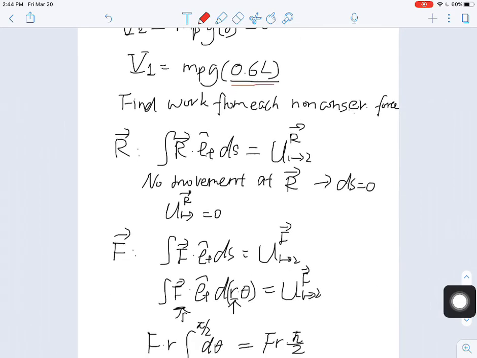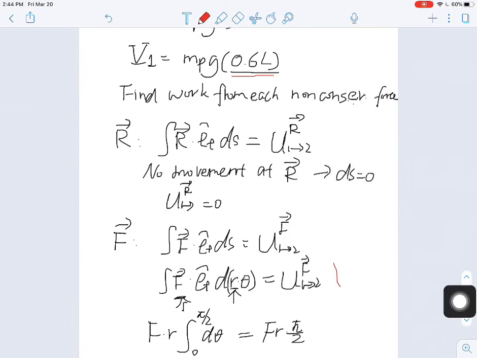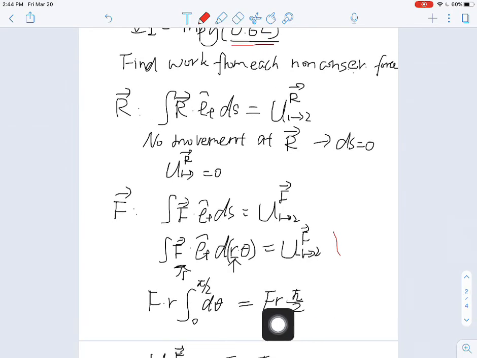The path equals R, which is the radius from F to the center, times pi over 2, which is 90 degrees, how theta changed. So it's pretty much F times S. S is a path. In this case, that path is a curve. At the starting point, this is the center of the rod, this is the force, and the path looks like this.